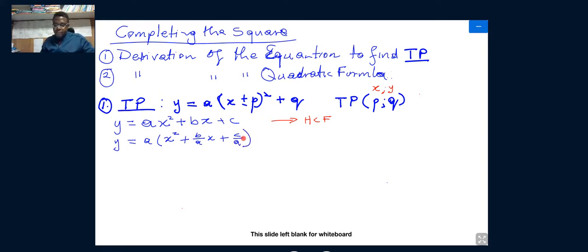Right. Now what do we do? We've taken out the common factor a. What's the next step? The next step, we are going to halve the middle term and square it.